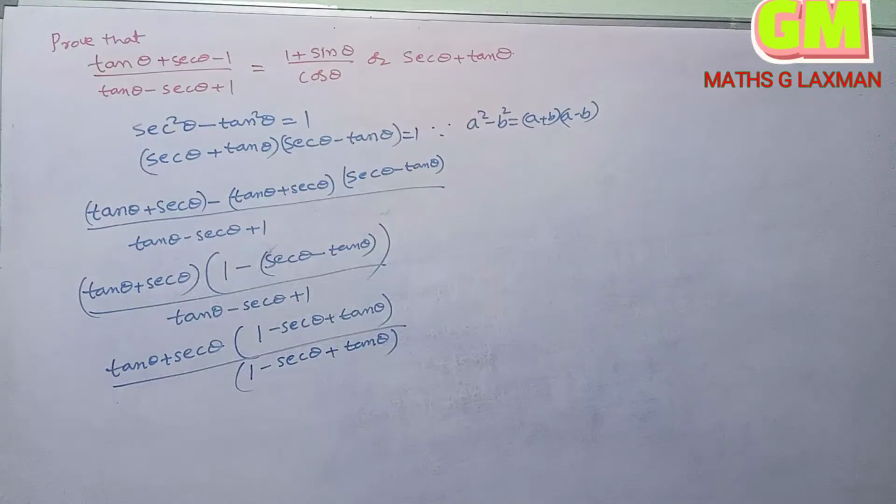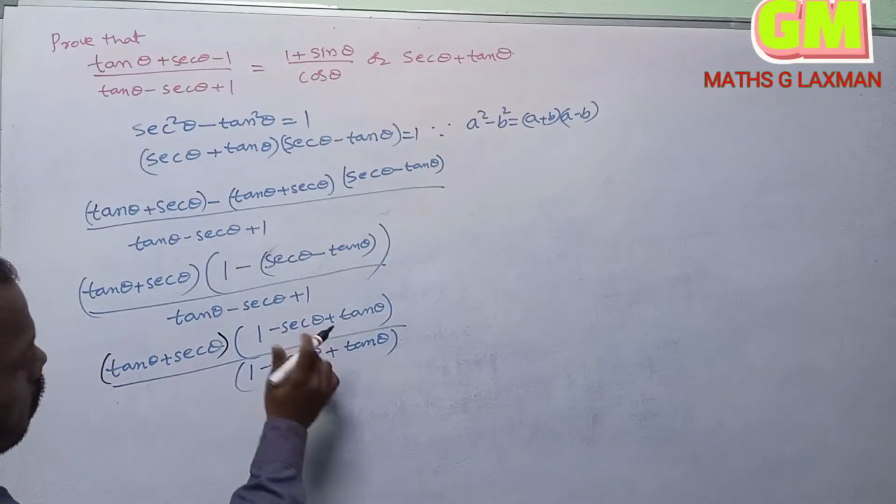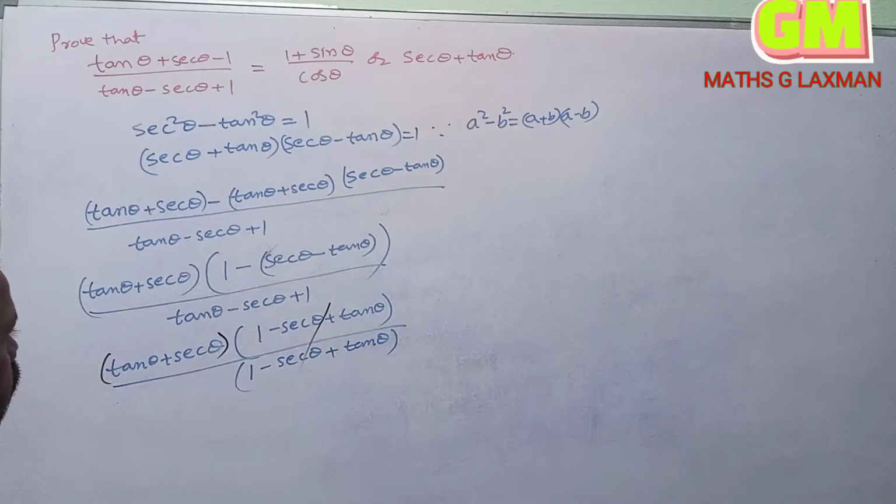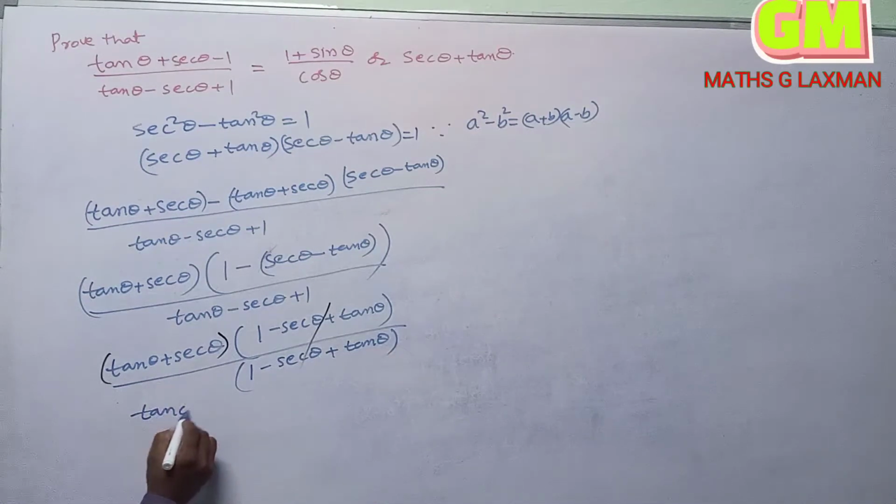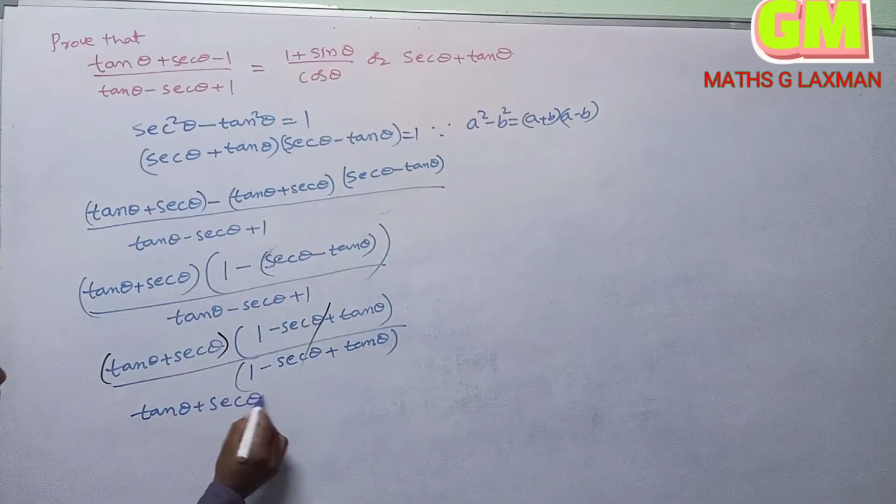So both are same, numerator and denominator are the same. So this is multiplying here, put the bracket for this. So multiplying this, both will be cancelled. Then what is left over? Tan theta plus secant theta.